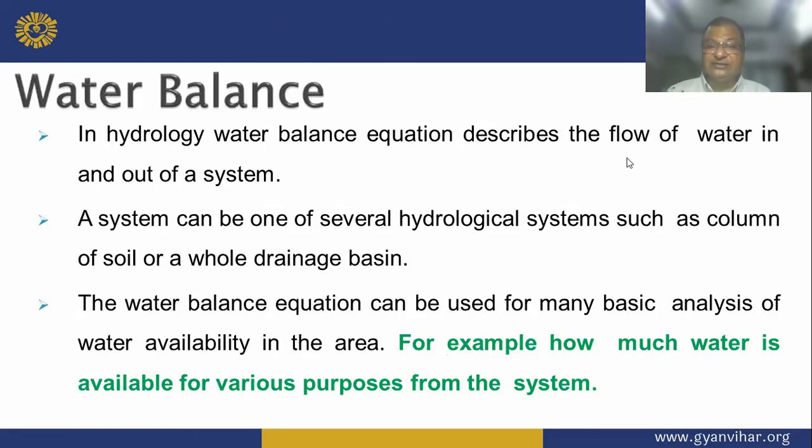So, water balance. In hydrology, the water balance equation describes the flow of water in and out of a system. A system can be one of several hydrological systems, such as a column, soil, or a whole drainage basin.